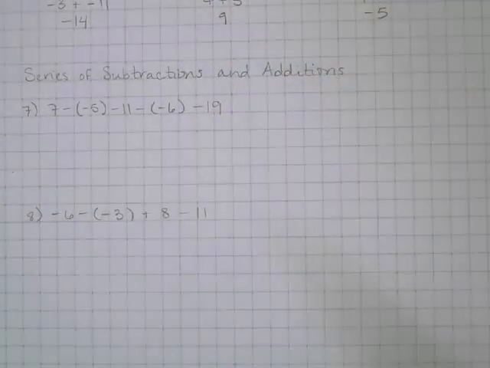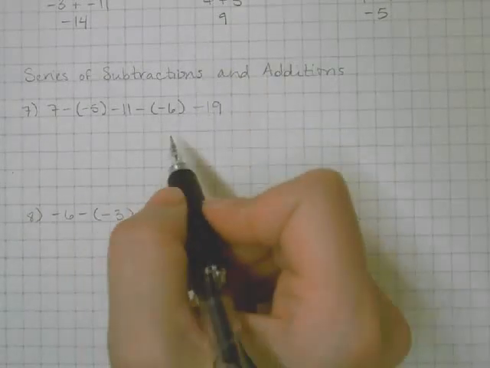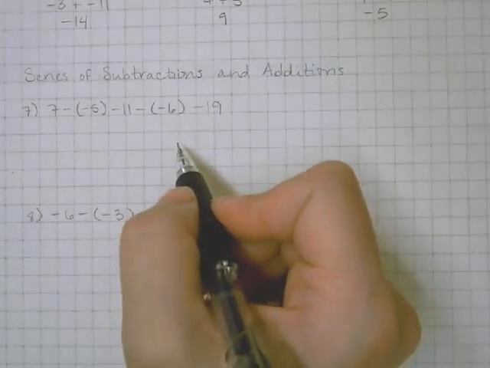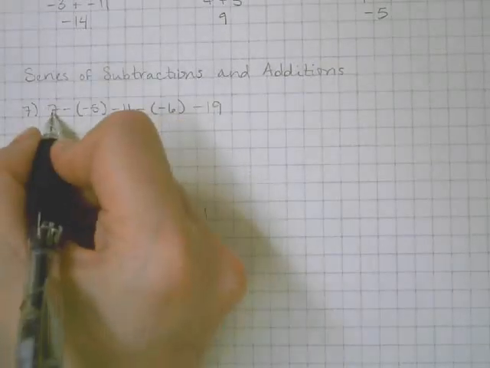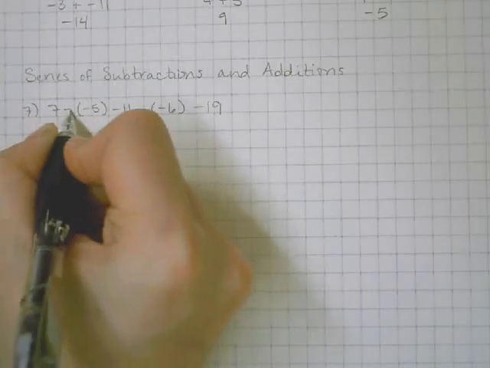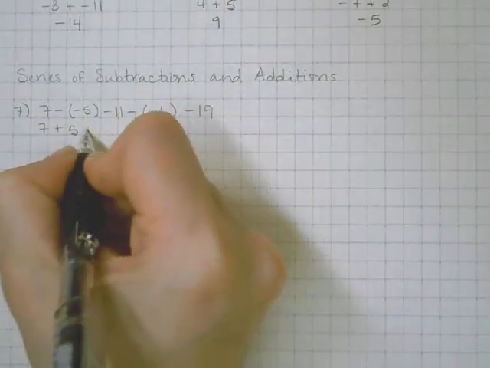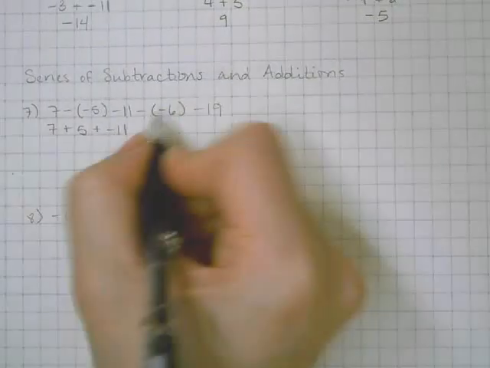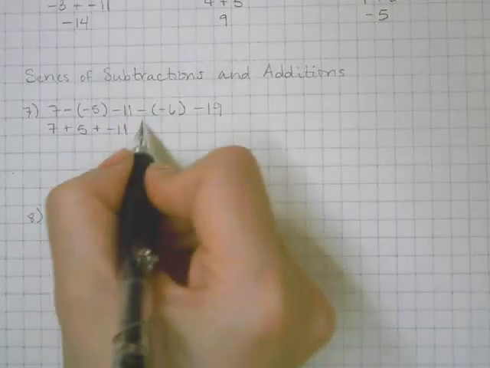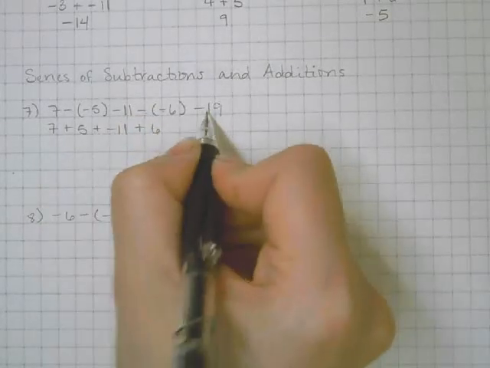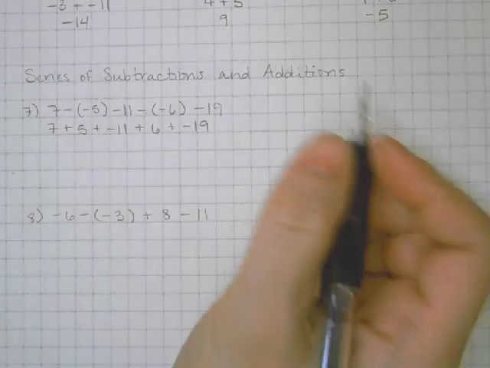In a series of subtractions and additions, the easiest way to do this is to change all of our subtractions to addition and then group our negative and our positive numbers together. So 7 is positive, double negative 5 gives you plus 5, minus 11, so plus negative 11, minus a negative 6, that's a double negative, so that's going to be plus 6, and then minus 19, plus negative 19.